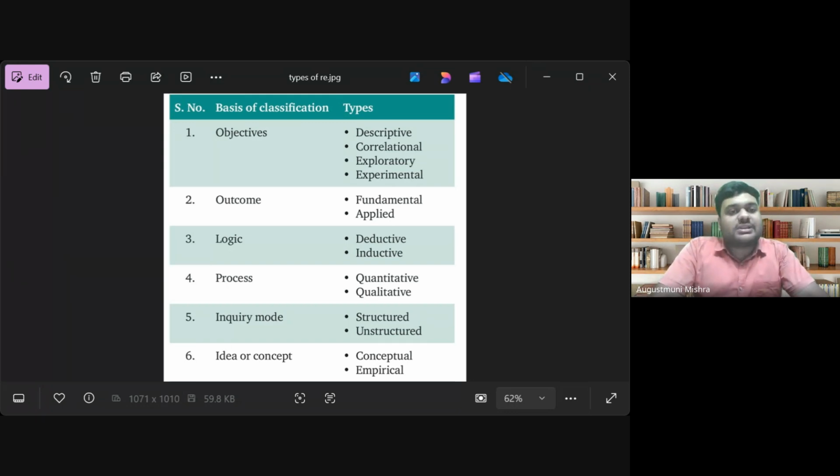Okay, so if you collect data once or do a one-time interaction with the individuals, that comes under the cross-sectional study. And if you repeat that process again and again, that comes under the longitudinal study. Because a longitudinal study takes time, that's why people prefer cross-sectional study more.